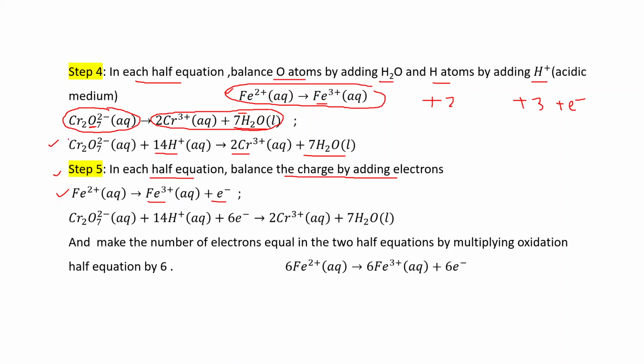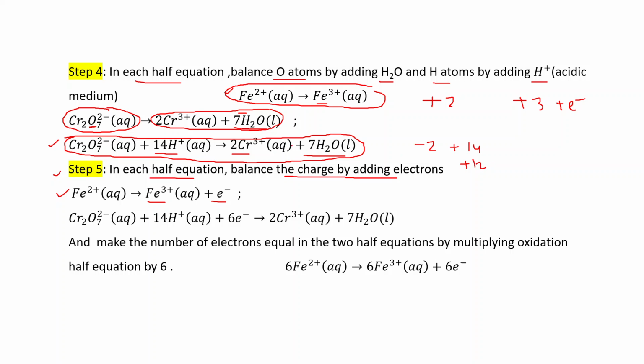Now in the reduction half equation, we have to balance the charge. Again calculate the charge in the reactant side. Cr2O7 2- is 2 negative. In 14H+, we can say that is 14 positive. So net 12 positive.